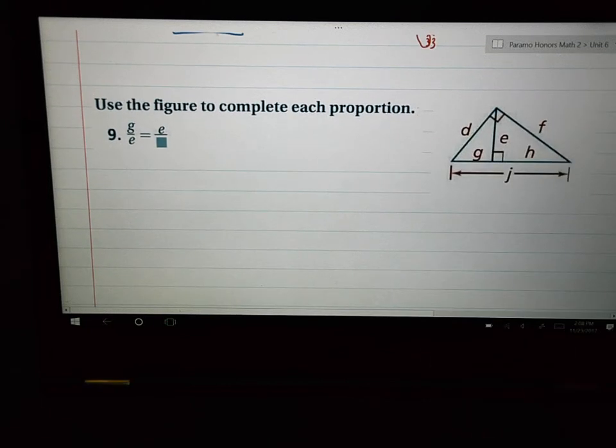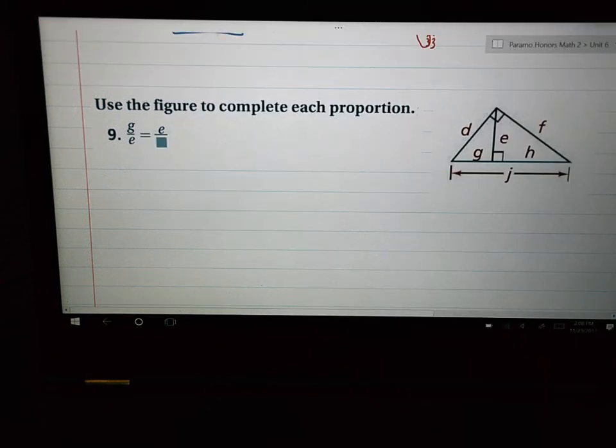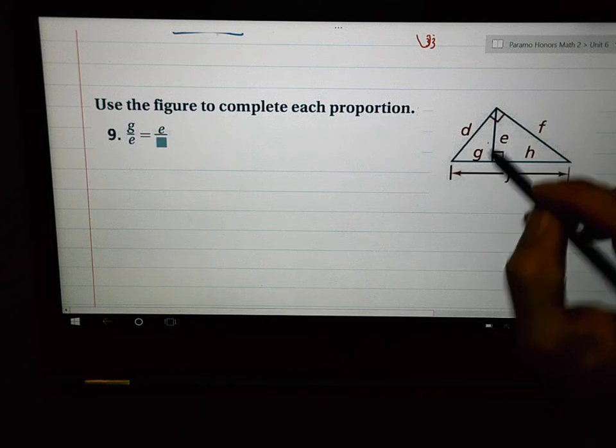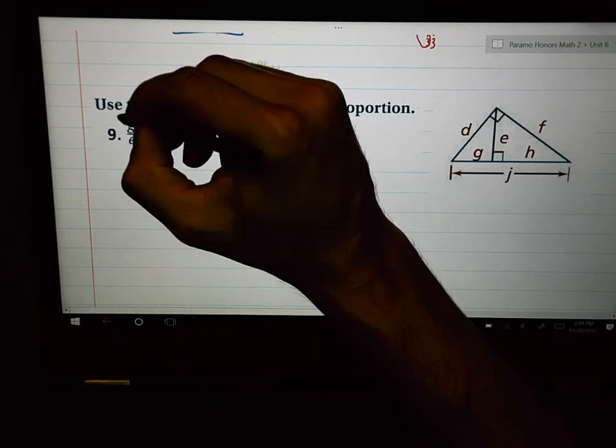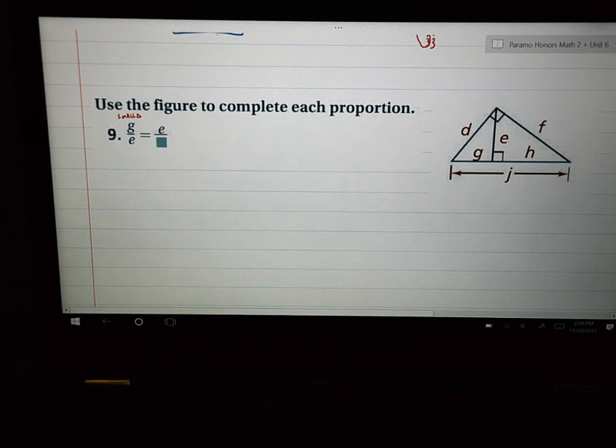Next example, number 9. Use the figure to complete each proportion. G over E, they look like they're both from the smallest triangle. Small triangle. And then I see E over something and we don't know.